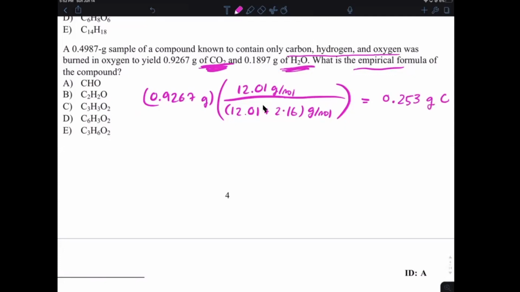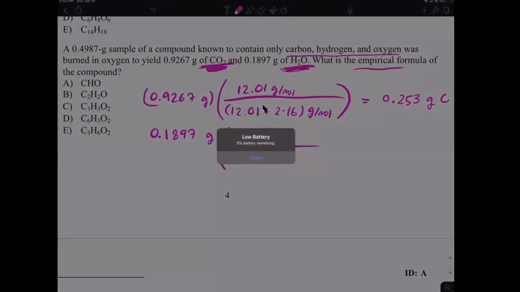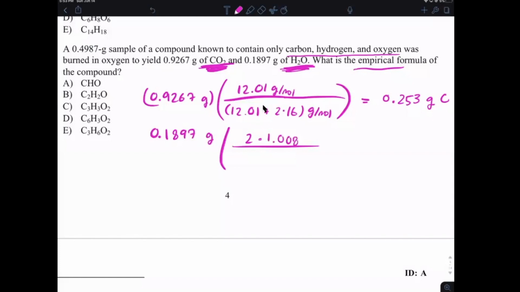So all the hydrogen should come from the H2O. So what do we have? We have 0.1897 grams. We can multiply this by the mole fraction. So how much hydrogen for every water? So 2 times 1.08 grams per mole.